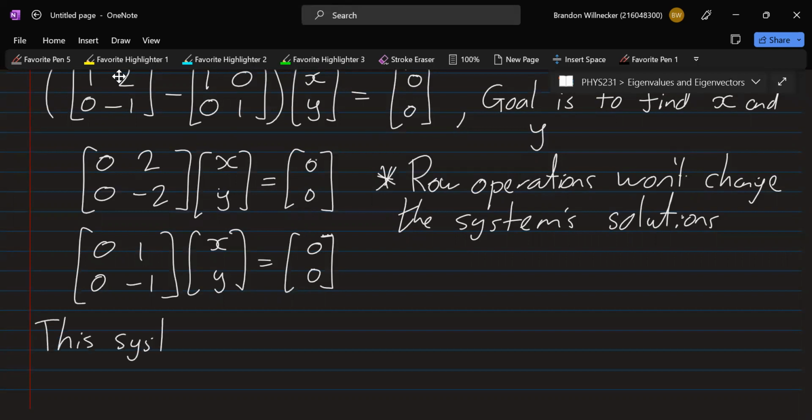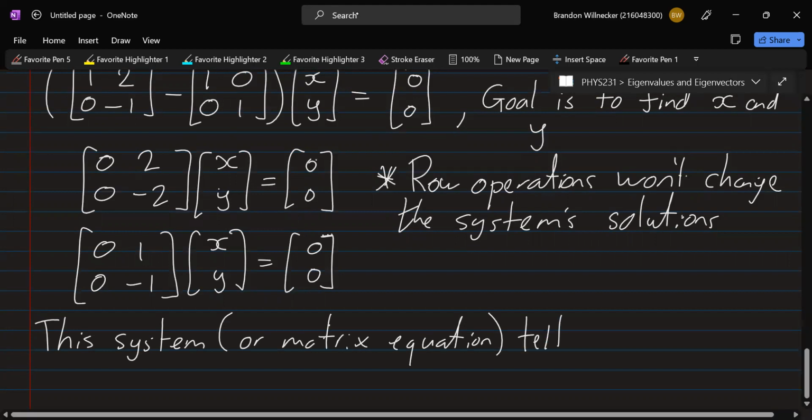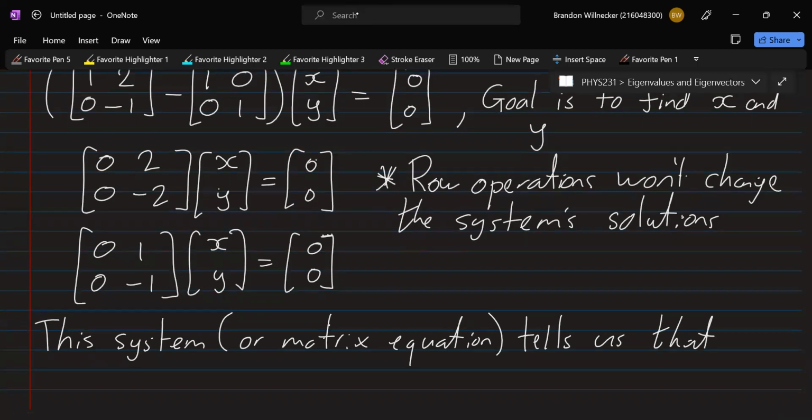So this system, or this matrix equation, okay, so you can treat it as a system of equations or a single matrix equation, tells us that y equals 0.